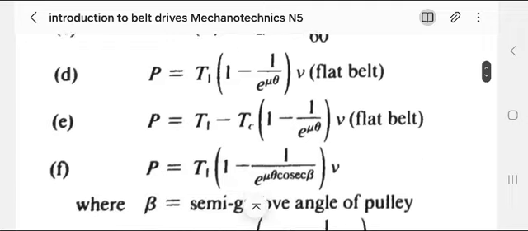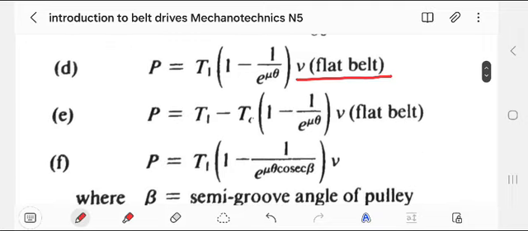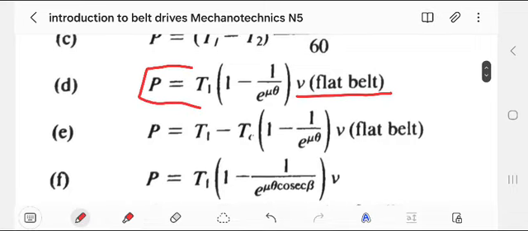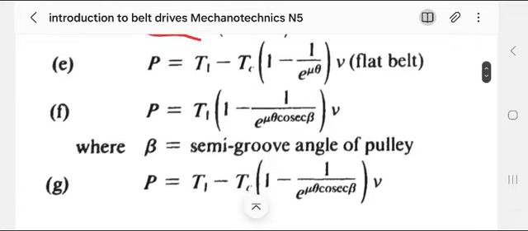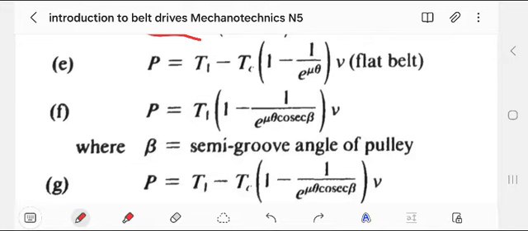Then for V belts, we have some new equations here. We'll see T1 into 1 minus like that. As we are dealing with V belts, if we are considering the centrifugal force on the tension, centrifugal tension, we'll have this.